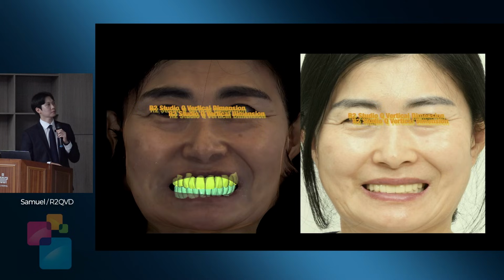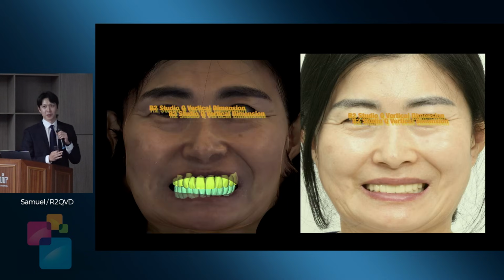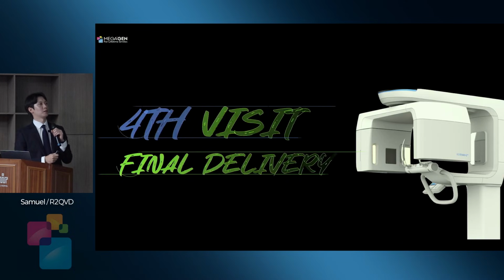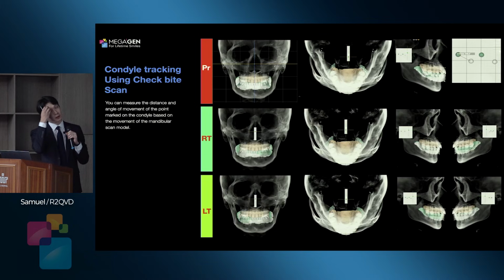Then final restoration. Actually, until the QVD solution, it's finished. But your job is not finished because we have to deliver the final restoration, right? So at that time, I thought about how we are still developing this solution.